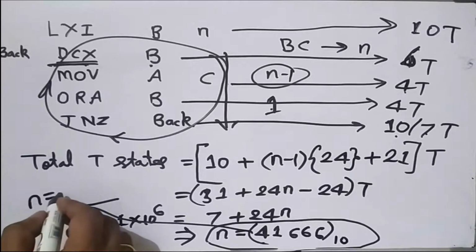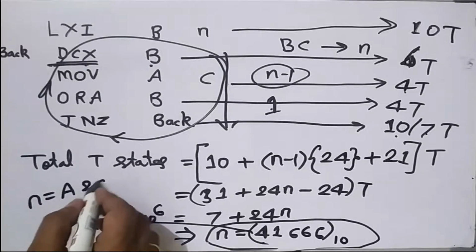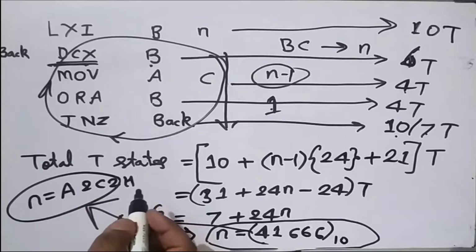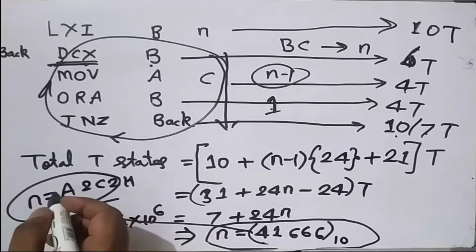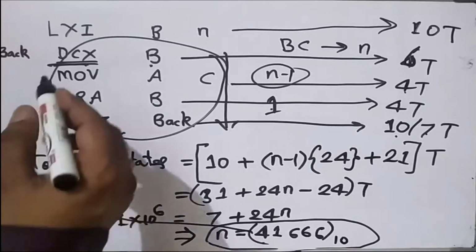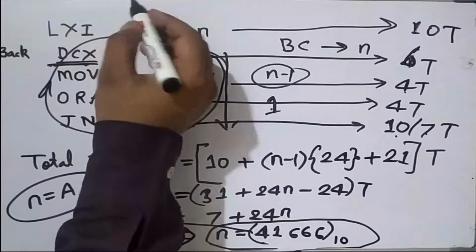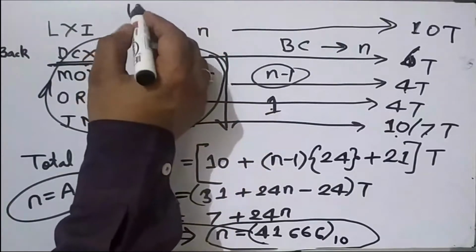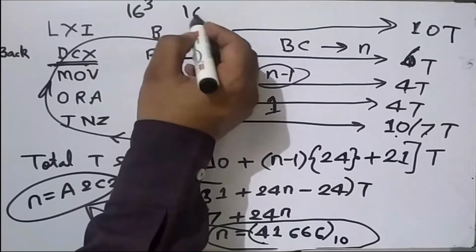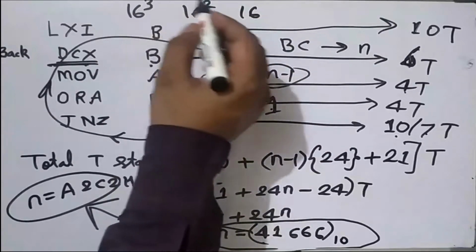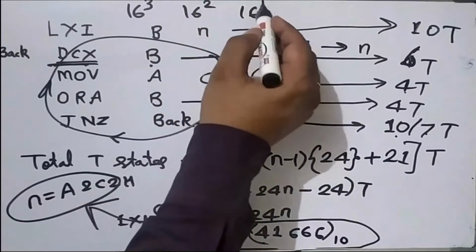N will be equal to A2C2H. For calculation purposes, I can give the hint: you should know the place values of hexadecimal, 16 to the power 3, 16 to the power 2, 16 to the power 1 and 16 to the power 0.